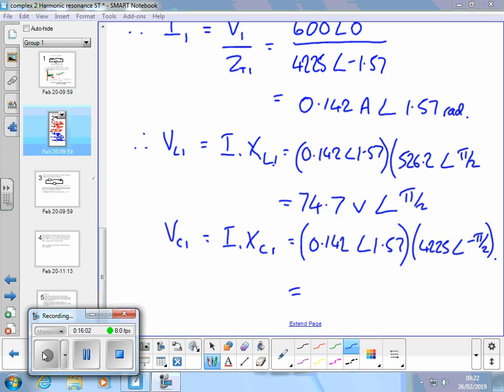Oh no, hang on, got to add it together. Not that the angle is of any real significance in this answer, but we've got it, so we'll complete it. Pi over 2 plus 1.57 is what? Minus pi over 2. Ah, this one.